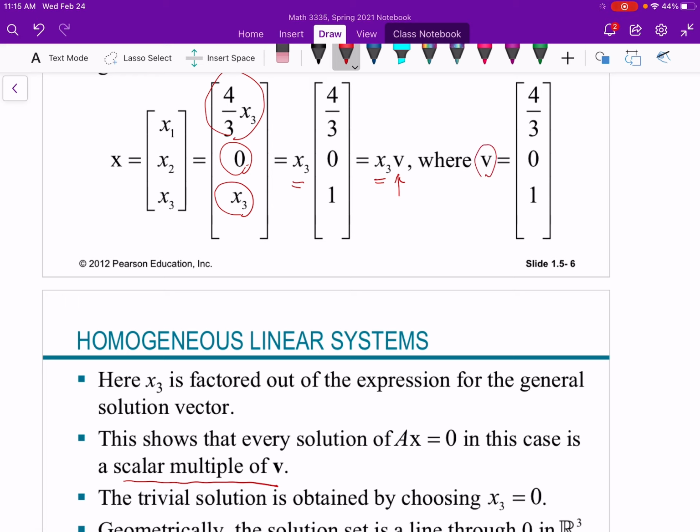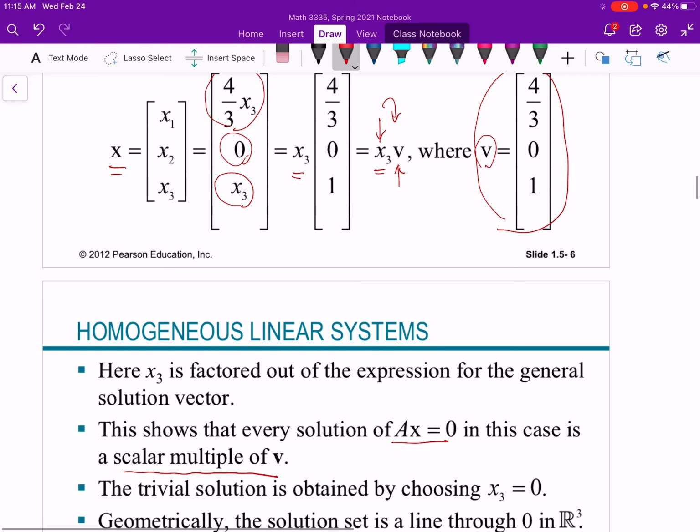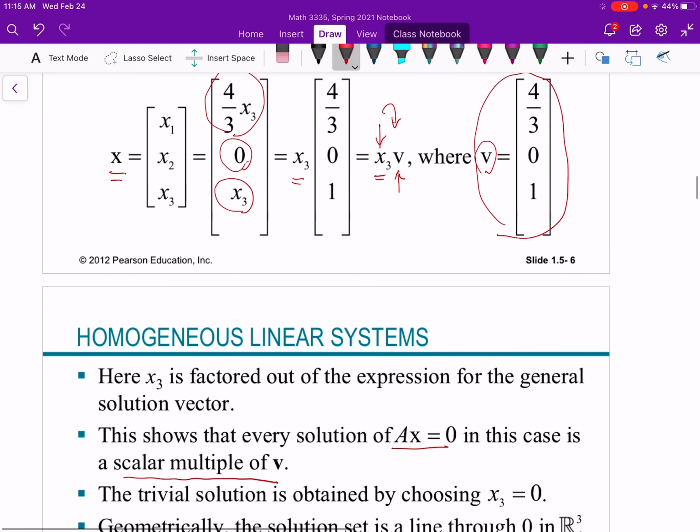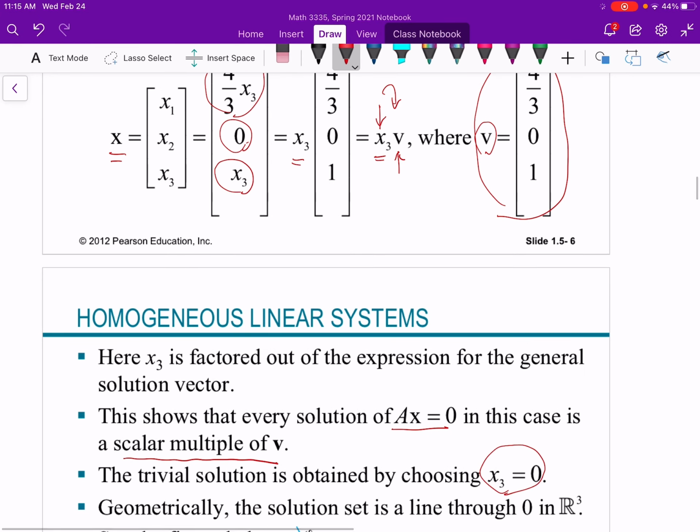The solution set is x3, the free variable, times this vector (4/3, 0, 1). So every solution of Ax = 0 is a scalar multiple of this vector. Of course, the trivial solution can be obtained if you allow x3 to be 0. That's just one of the many solutions.